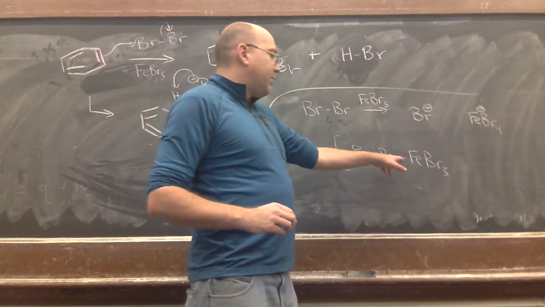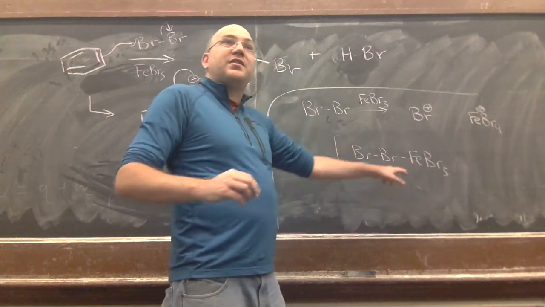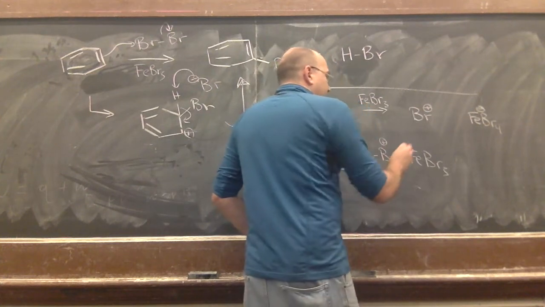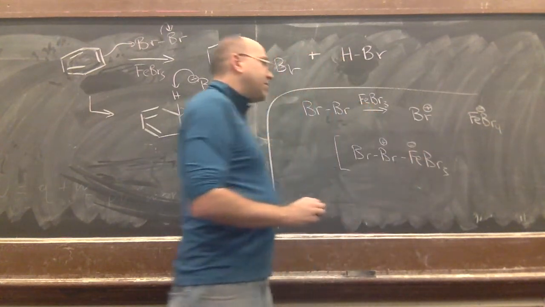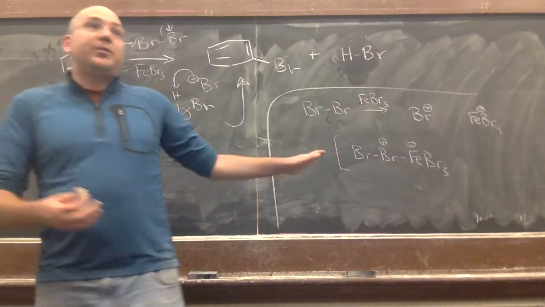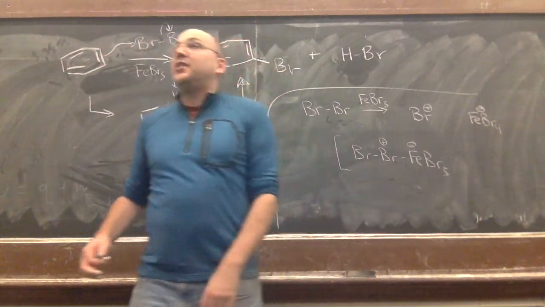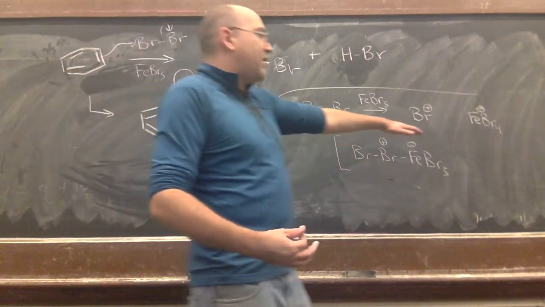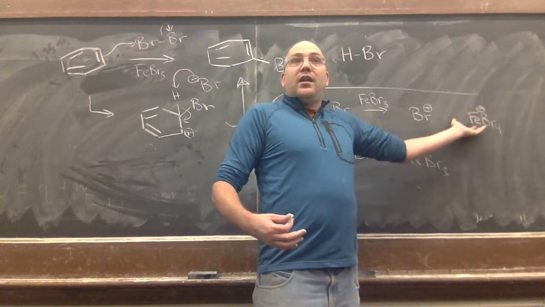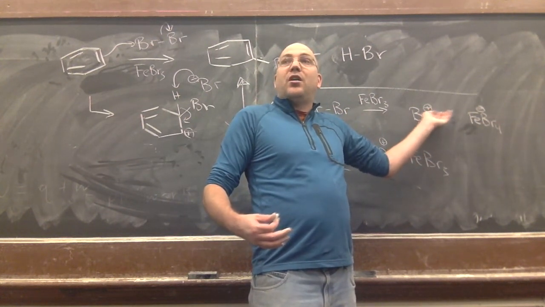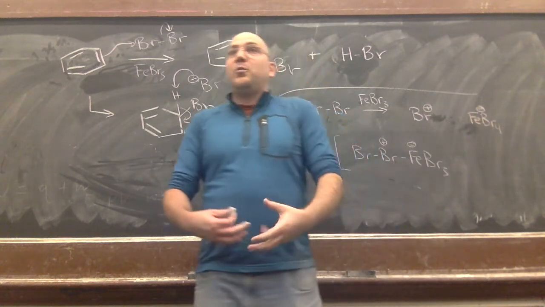basically the bromine's giving up its electrons to this, so it's sort of taking on a positive charge in a way. This is sort of taking on a negative charge, or maybe it's just a chelation type event where it's a delta positive here and a delta minus here. Again, it's somewhere in this ballpark, but I usually like to just think about it as a full-blown positively charged Br.